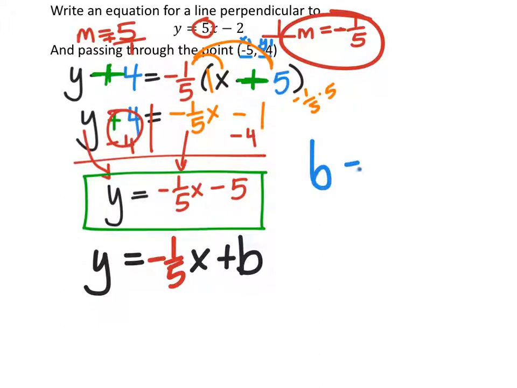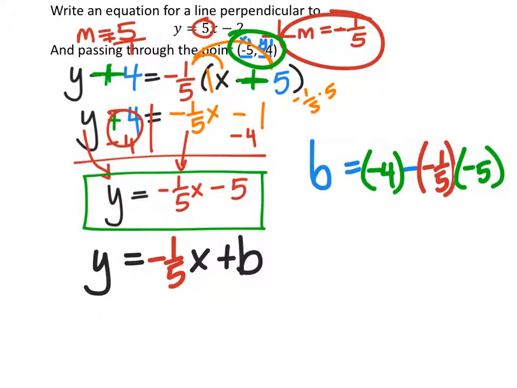We should remember from class the formula for finding the b, just from manipulating slope-intercept form, is y minus mx. Once again, we still have the slope at -1/5, and then we have the x and y value that this line goes through, and we replace with those two.